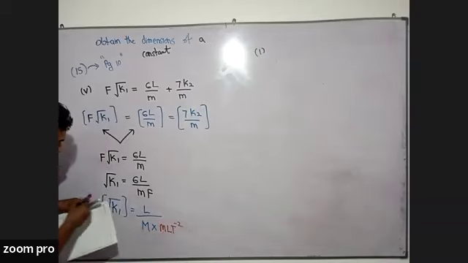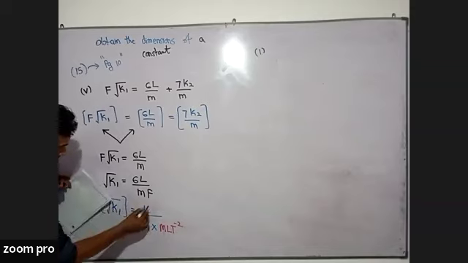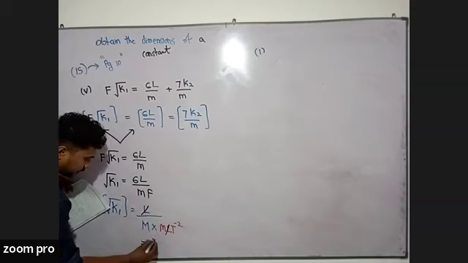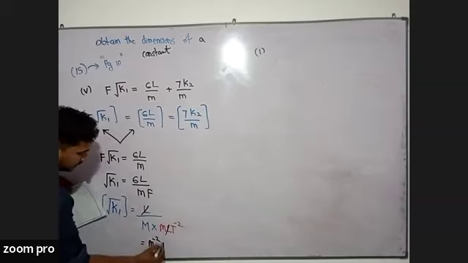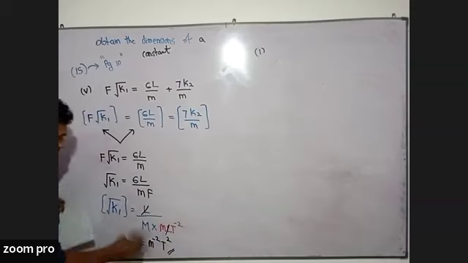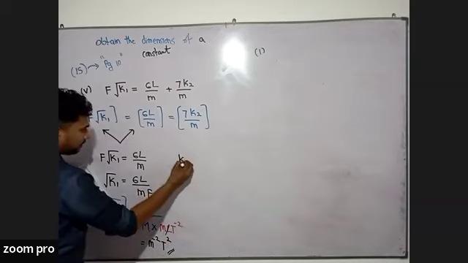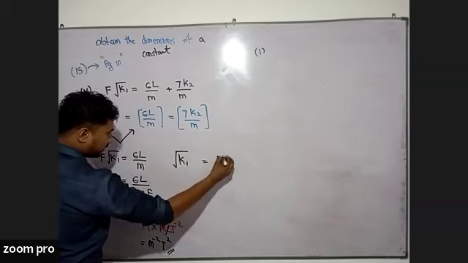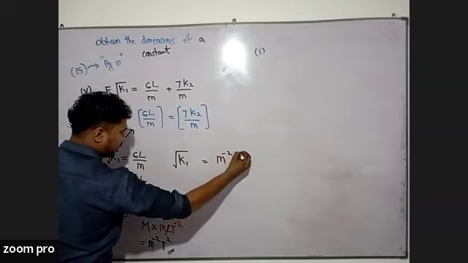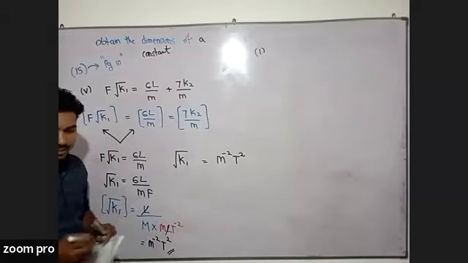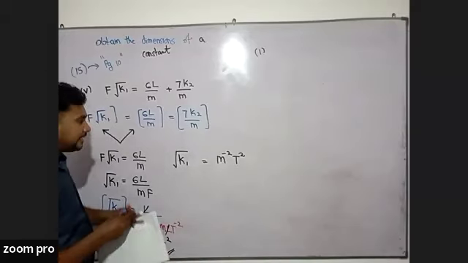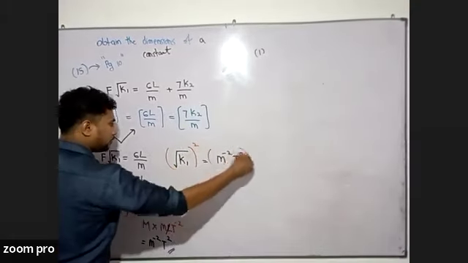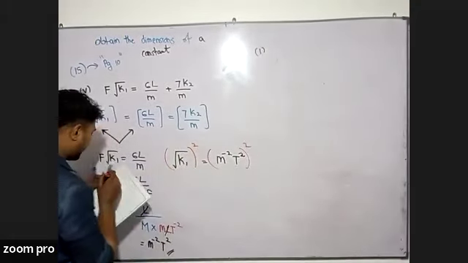So I can cancel these two, that is L. When these two come to the denominator, this converts to M minus 2 T plus 2. So this is the dimensions of root K1. But we are asked to find the dimensions of K1, so hence we have to consider the square of both sides.